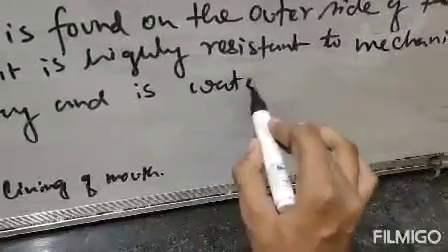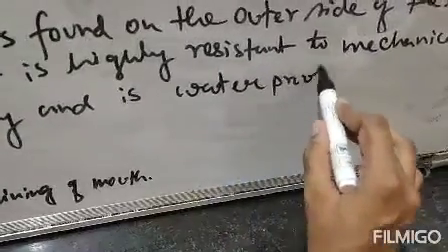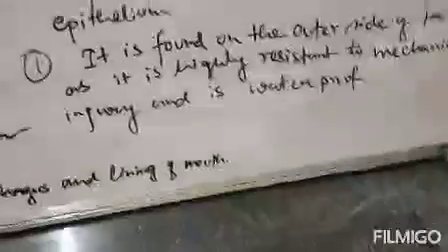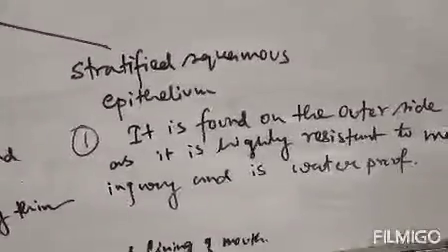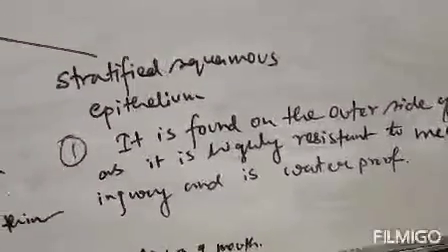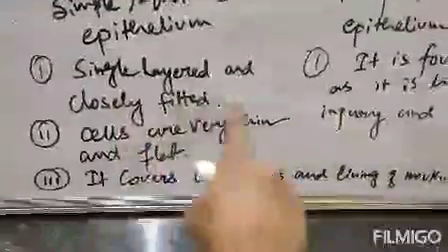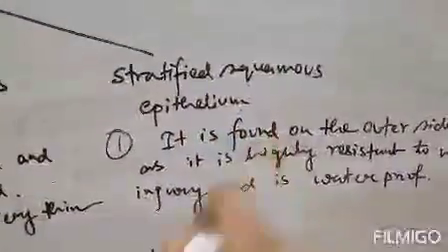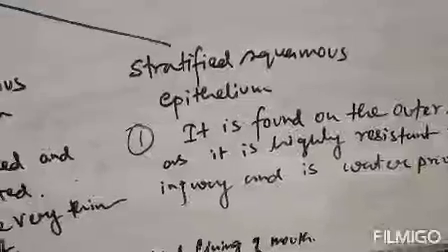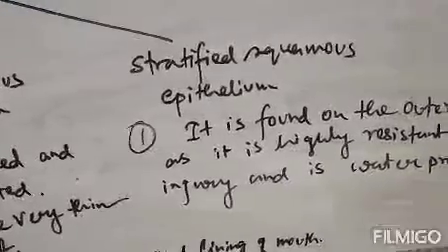Simply waterproof. Clear? That's why it is found on the outer side of the skin. And here cells are arranged in many layers to prevent wear and tear. In simple squamous the cells are only single layered, but in stratified squamous epithelium, cells are arranged in many layers to prevent wear and tear.